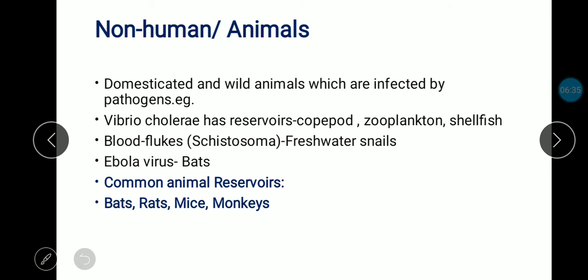It is present in freshwater snails. Then the next one is Ebola virus, which is present in the body of bats. In this way, many animals carry pathogens, viruses, bacteria, and out of that, very common animal reservoirs are bats, rats, mice, monkeys, etc.